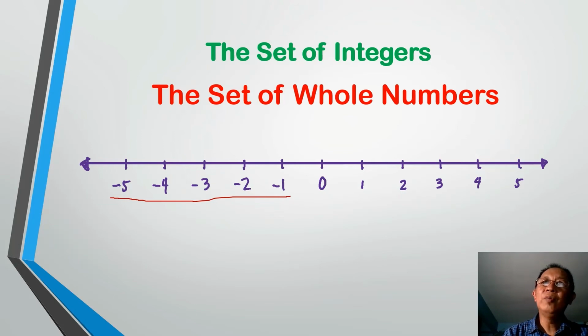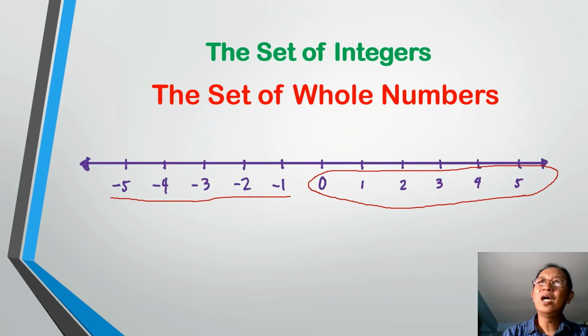Nabanggit ko na kasama ang 6. Since mayroon siyang arrow dito after 5, kasama dyan yung 6, 100, 1,000, 1 billion, 6 trillion, ano yan, whole numbers sila, no? Starting with 0. So the set of integers is composed of negative integers and the set of whole numbers.